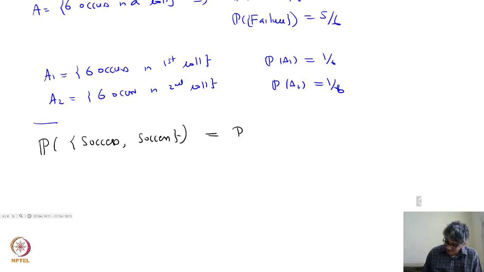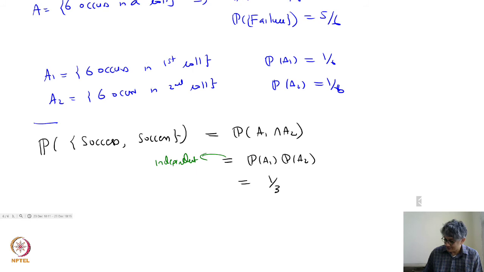This is the same as probability of A1 and A2. We've already seen in the example I did today that A1, A2 are independent. Use independence to get probability of A1 times probability of A2. And that's the same as 1 over 36.